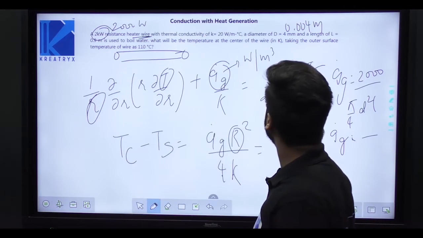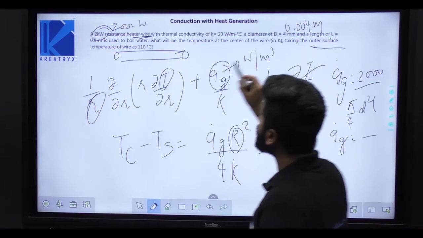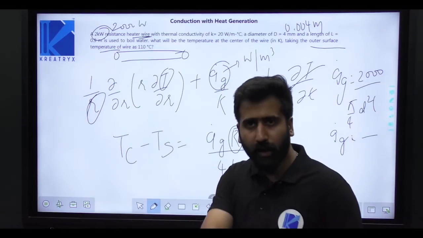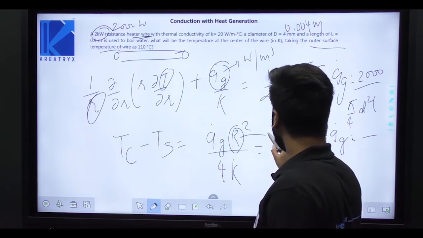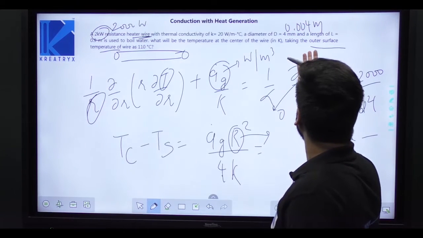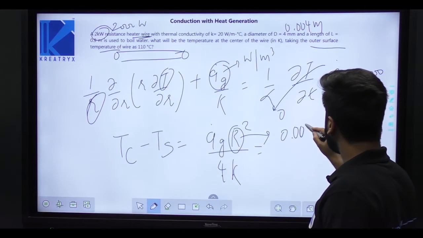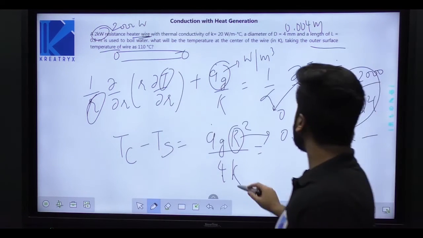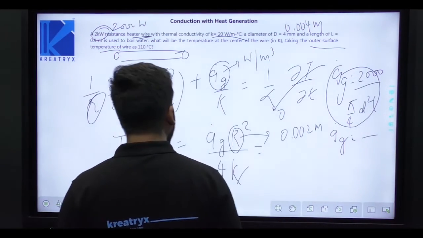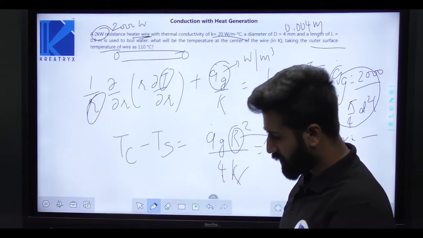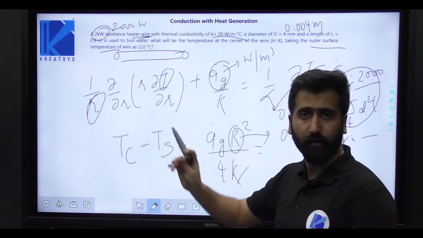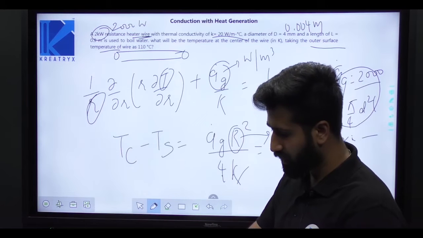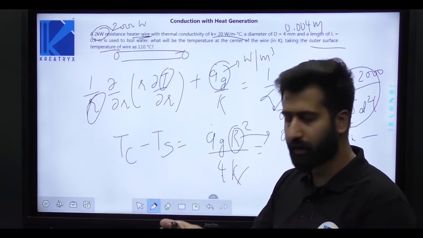R is what? Taking the outer surface temperature, you have to put the outer radius here. Okay. Outer radius is 0.002 meter. Okay. Q dot g you can find from here, and K is 20 watt per meter degree Celsius. So you try it yourself, because you can proceed in the same way.